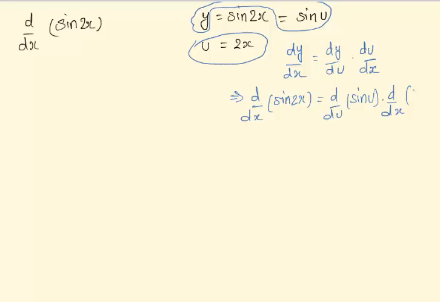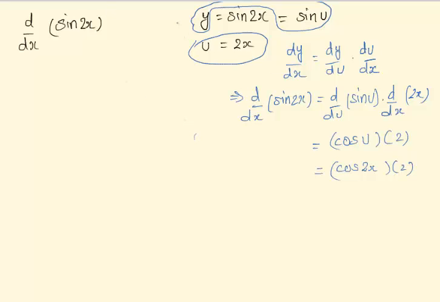U is 2x. So your answer would be, differentiation of sin u is cos u, and differentiation of 2x will be 2. So your final answer would be cos of 2x into 2, or 2 cos 2x.